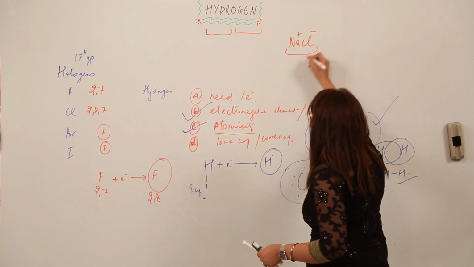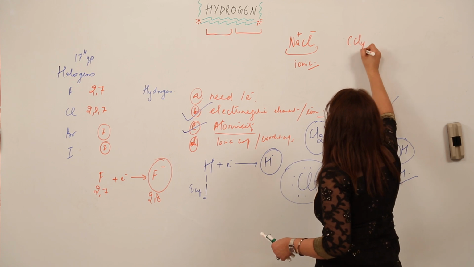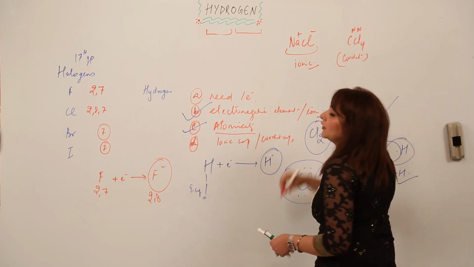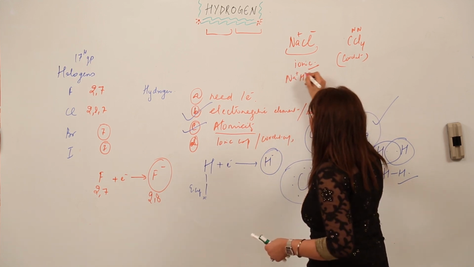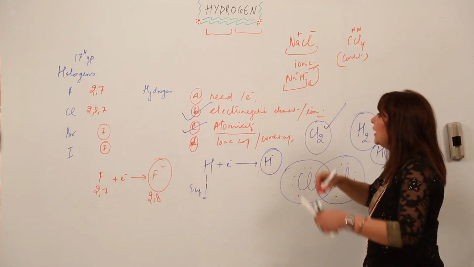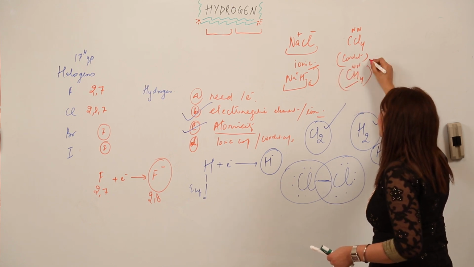So this compound is ionic in nature, right. Similarly we have CCl4, with a non-metal, which is a covalent compound. Likewise for hydrogen, we have NaH, sodium hydride, again an ionic compound, and we have CH4, with a non-metal, again a covalent compound.